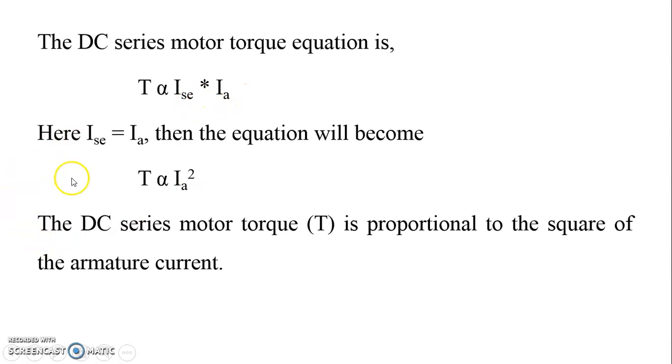We know that Isc equals Ia, so we substitute Ia instead of Isc, giving Ia into Ia, which is Ia square. So in the DC series motor, the torque is directly proportional to the square of the armature current.